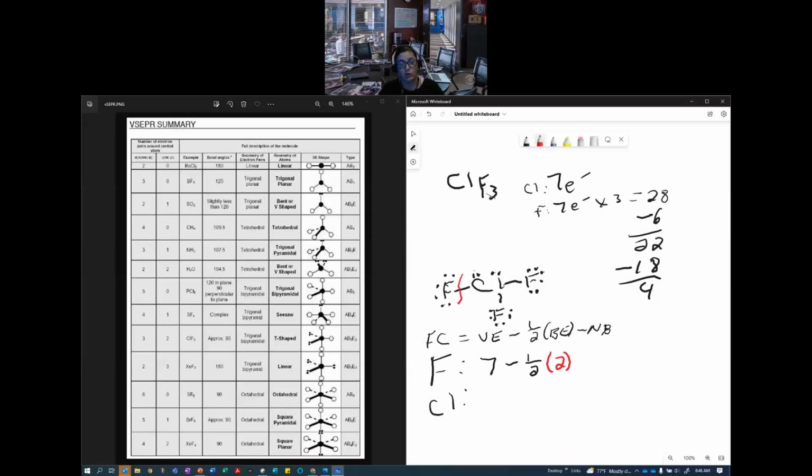So that's why it's 1/2 of the 2 electrons in the bond. If we had more bonds, we do more numbers. And then we subtract the non-bonding electrons. So the 2, 4, 6 non-bonding electrons that are on this fluorine, we're going to subtract those 6 as well. That's going to give me 7 minus 1 minus 6, which is 0. 0 is an excellent formal charge.